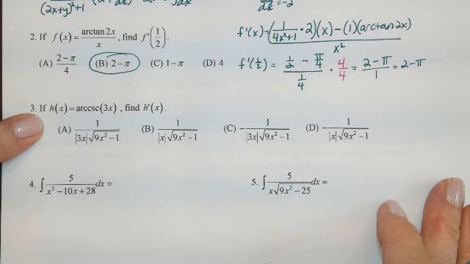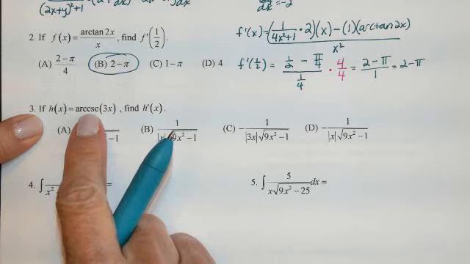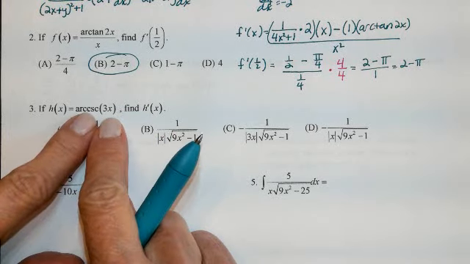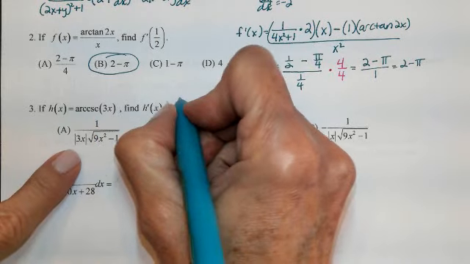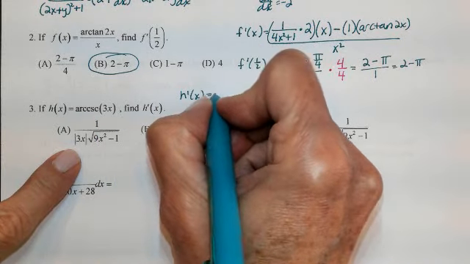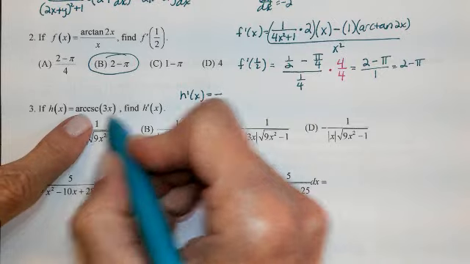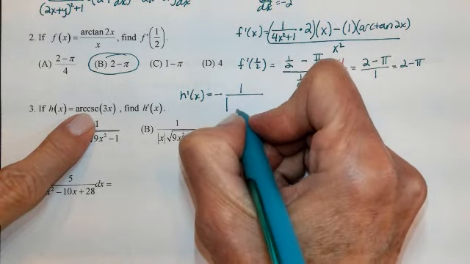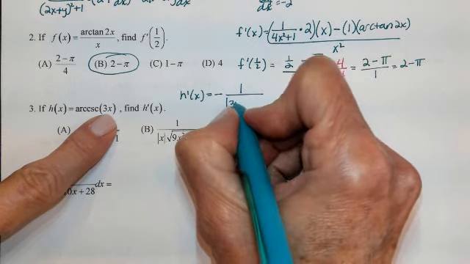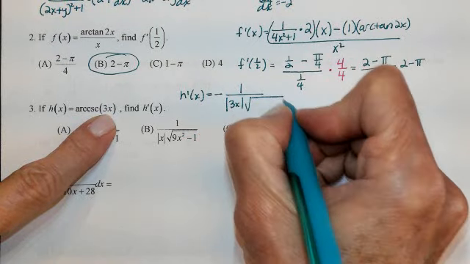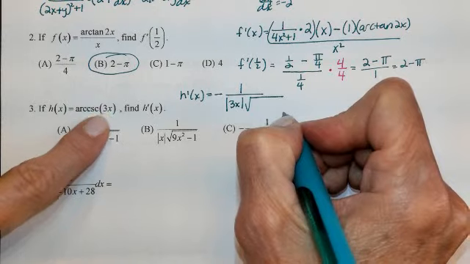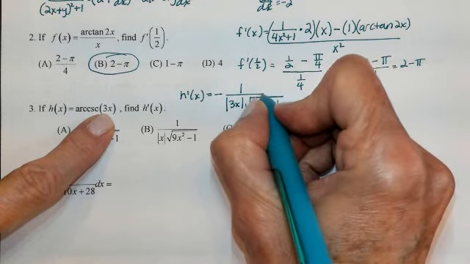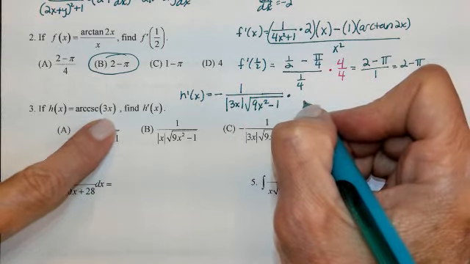Okay, part number 3. Here's the function, just find the derivative. It's arc cosecant. So I know that the derivative will be the negative of the derivative for arc secant, right? So 1 over the absolute value of u, so 3x, times the square root of u squared, 9x squared, minus 1, times the derivative of the argument, right?